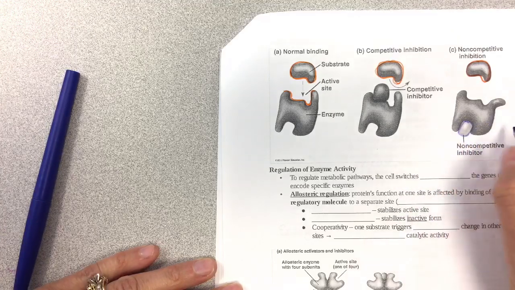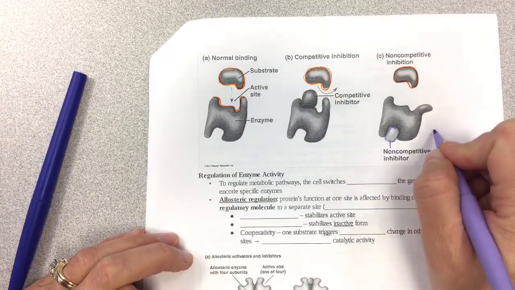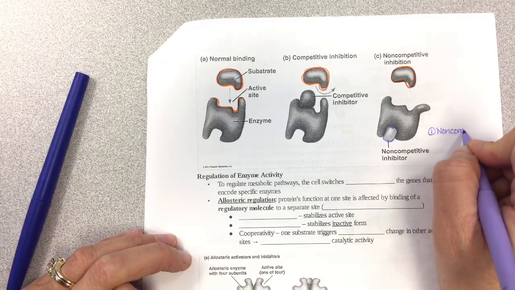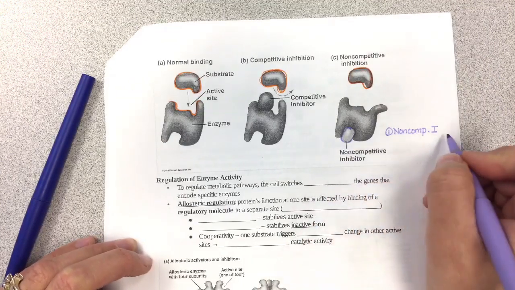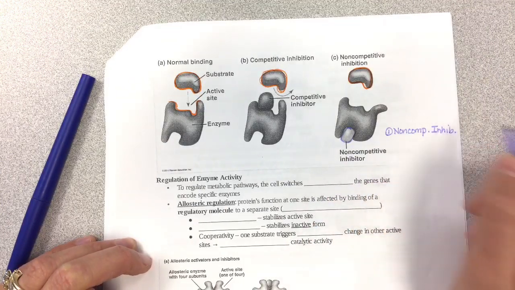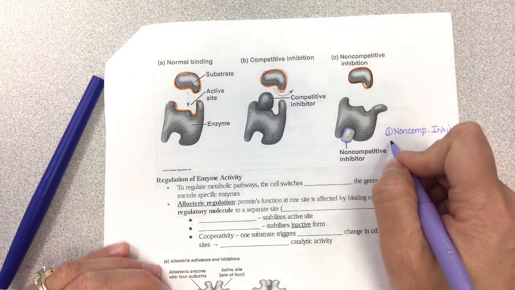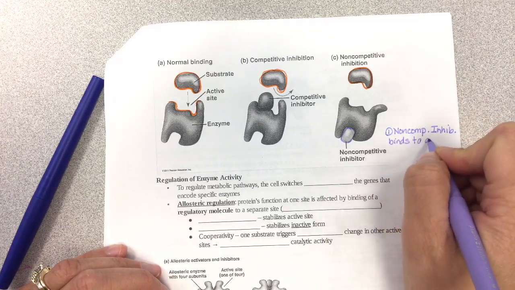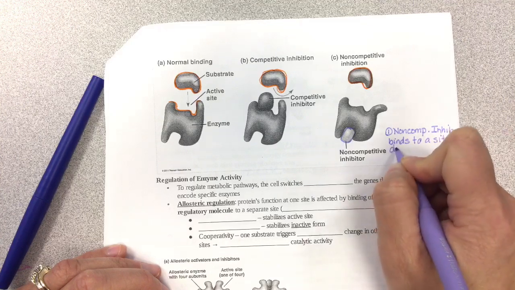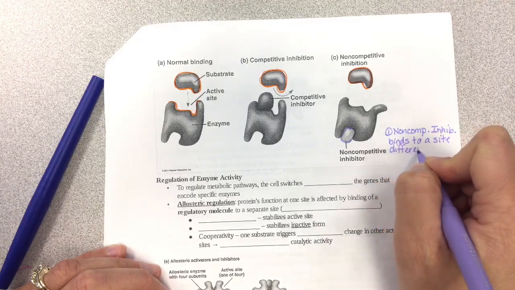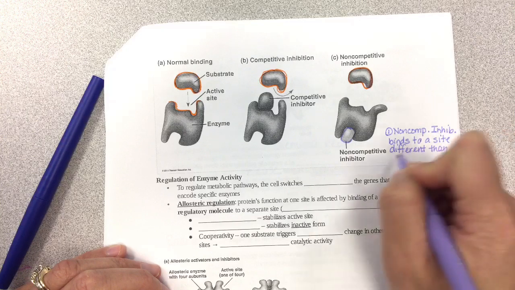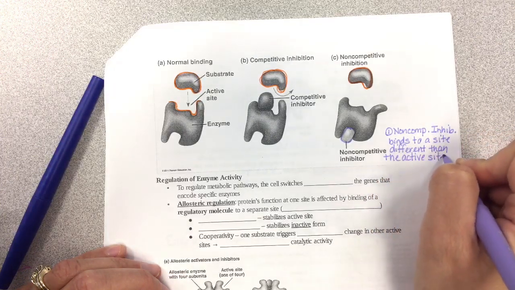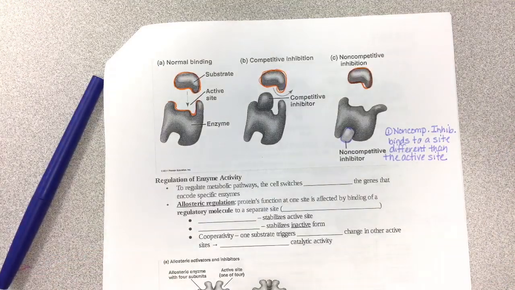The first thing that happens is that the inhibitor binds to a site different than the active site.